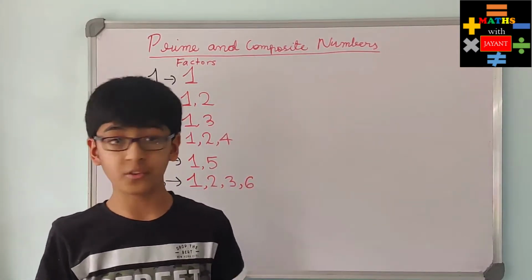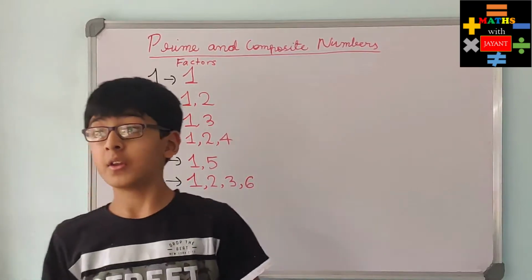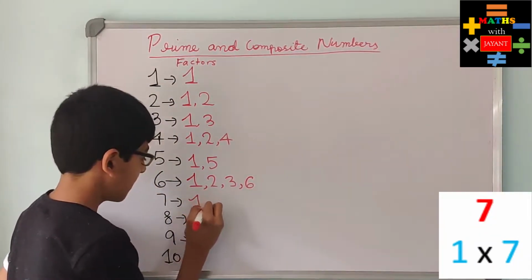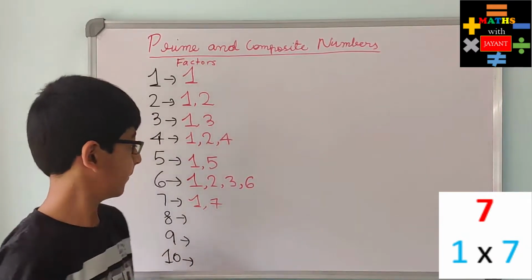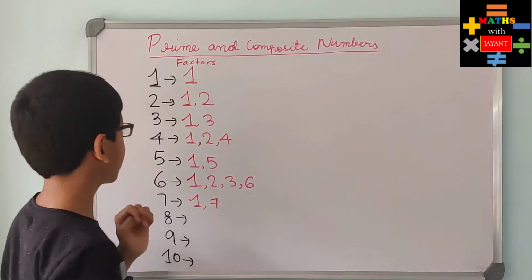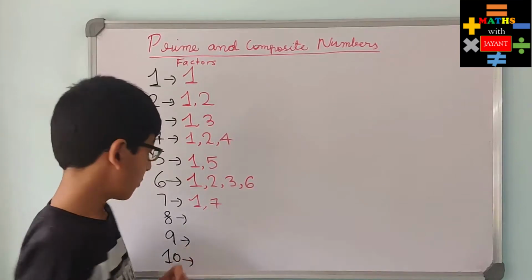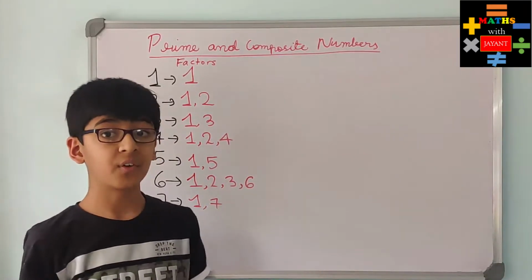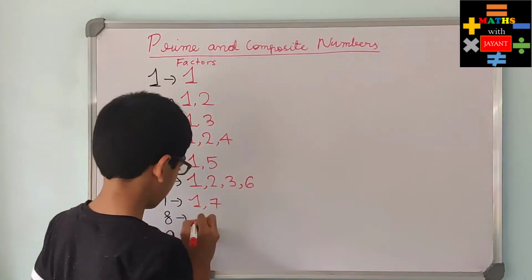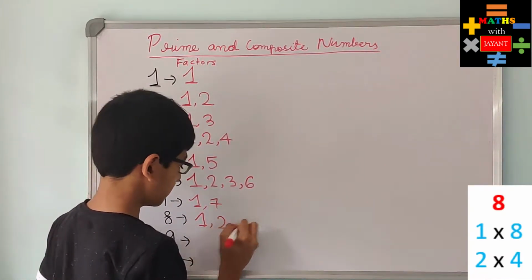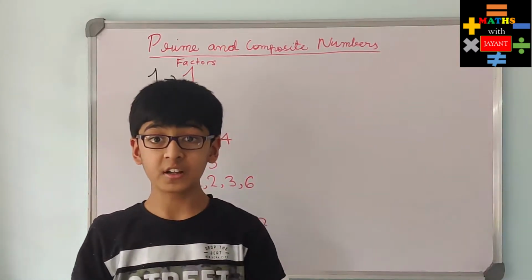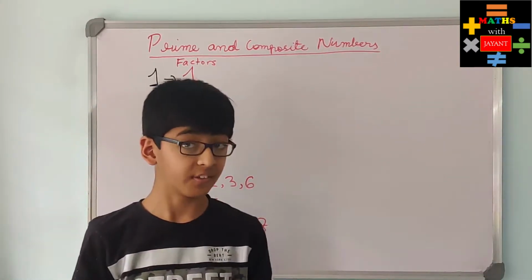Now let's find the factors of 7. So the factors of 7 are 1 and 7. Are there any more factors of 7? No. What about the factors of 8? So the factors of 8 are 1, 2, 4 and 8, because 1 into 8 gives us 8 as well as 2 into 4 also gives us 8.